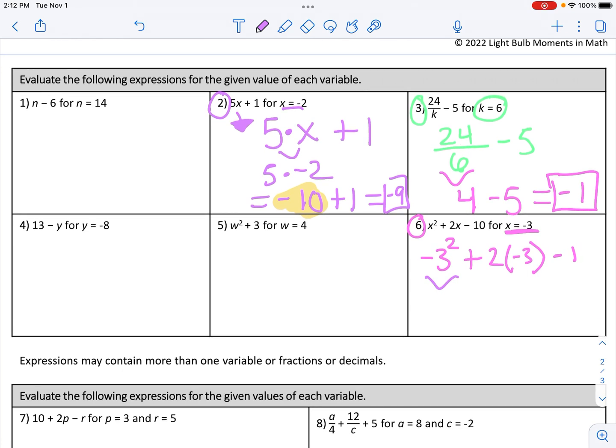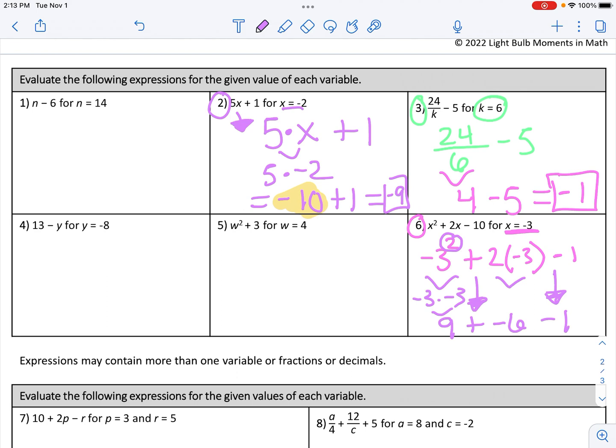Now, some of you guys might do negative 3 times 2. Remember, with exponents, the 2 is telling you how many times you multiply the base by itself. So this is really saying negative 3 times negative 3. 3 times 3 is 9, and a negative times a negative is a positive. So that's going to be positive 9. I'm going to bring my plus sign down and keep that the same. Next is my multiplication. 2 times negative 3 is negative 6. I'm going to bring down my minus 10.